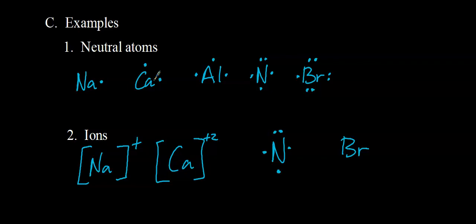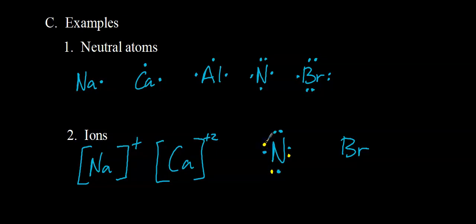Nitrogen has 5 valence electrons. Nitrogen wants to have 8 valence electrons. It wants to be like neon. So when nitrogen ionizes, it does so by gaining 3 electrons. Now I'm just going to show the electrons that the neutral atom gains in a different color to emphasize that this is an ion. 1, 2, 3.